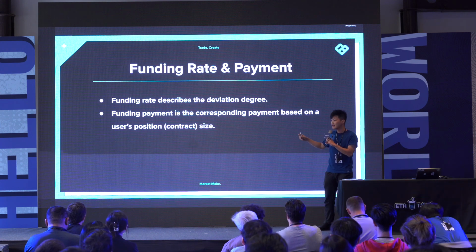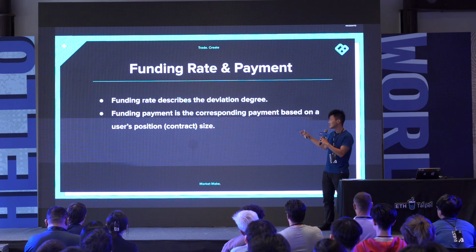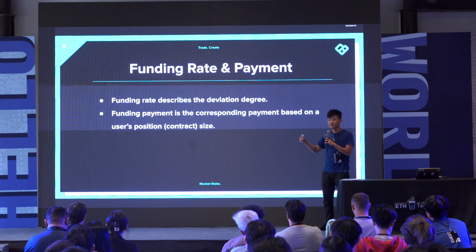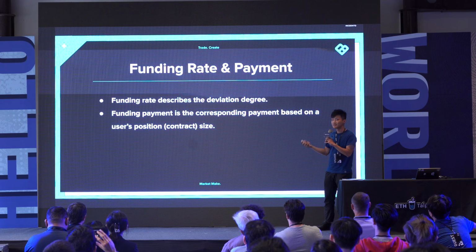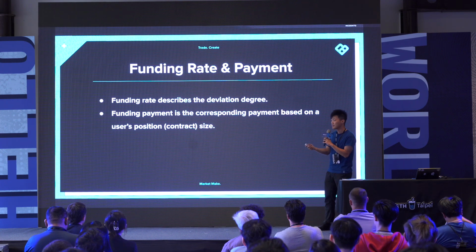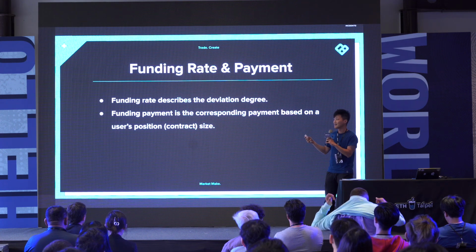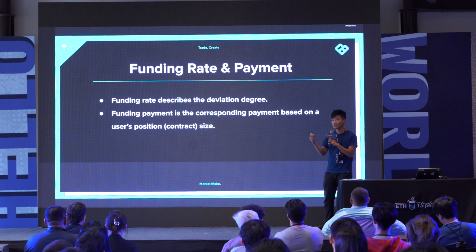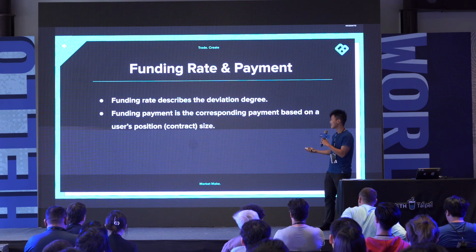And funding payment is the corresponding payment to the funding rate based on a user's position size. So you can imagine that if a user has 10 BTC long positions, then he or she should be paying 10 times the funding payment of those holding only 1 BTC long position. Yeah, that is logical.